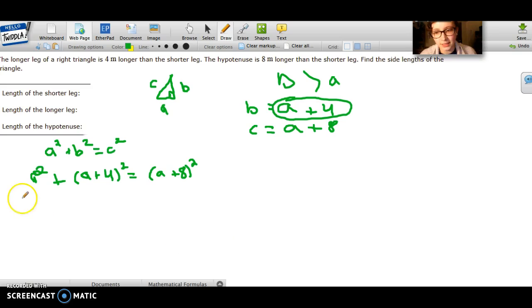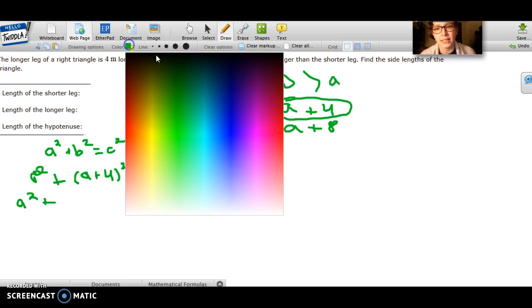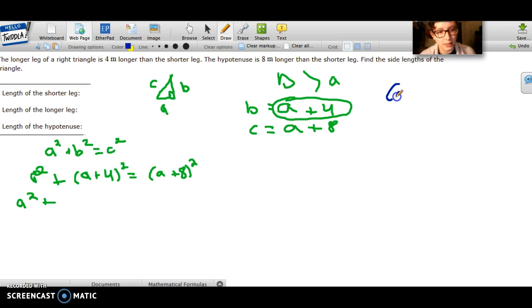So now we're going to solve this out. A squared is still over here, plus A plus 4 squared, which is A plus 4 times A plus 4. Let's FOIL that.